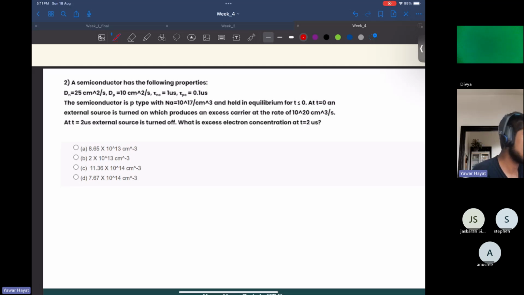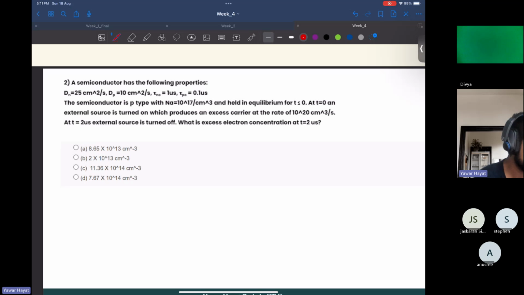A semiconductor has the following properties. Your Dn is 25 centimeters square per second. Dp is 10 centimeters square per second. Tau n0 is your 1 microsecond and tau p0 is 0.1 microsecond, right? The semiconductor is p-type with Na equal to 10 to the power 17 per centimeter cube, and it's held in equilibrium for t less or equal to 0.